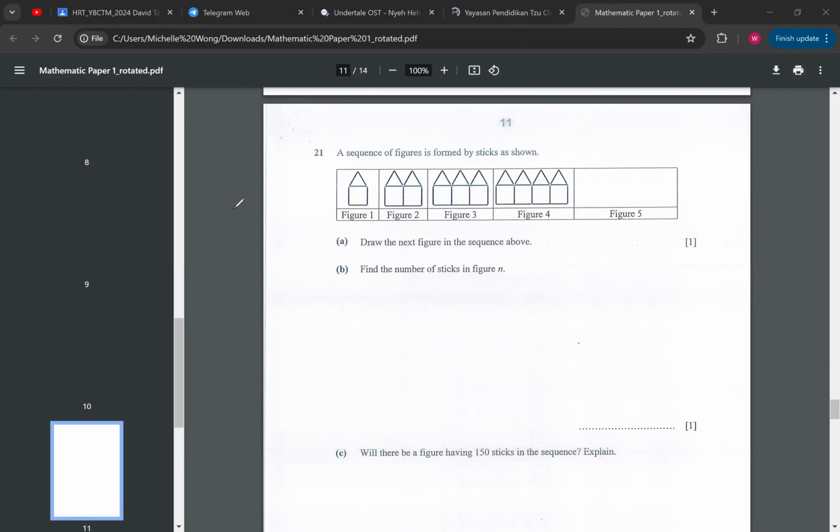Question 21. A sequence of figures is formed by sticks as shown. Figure 1 has six sticks. Figure 2 has 11 sticks, and so on. So the task is to draw the next figure in the sequence above.